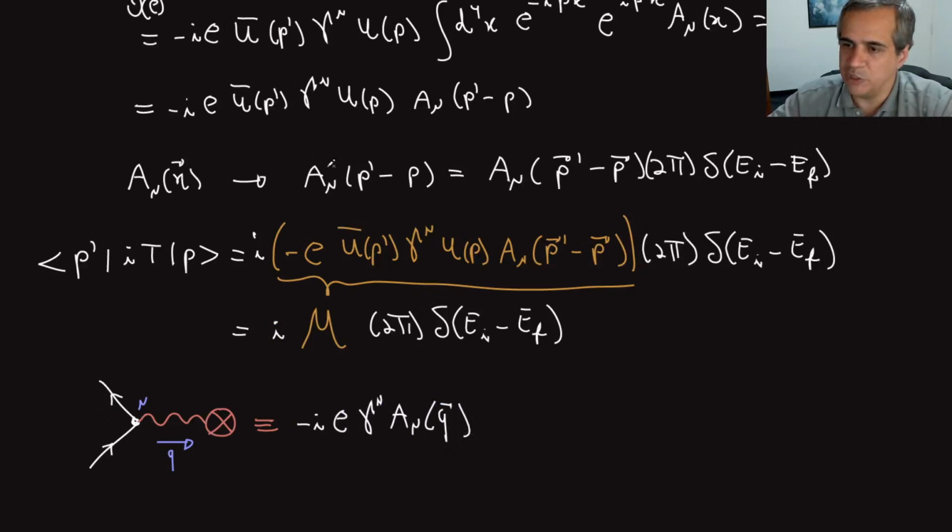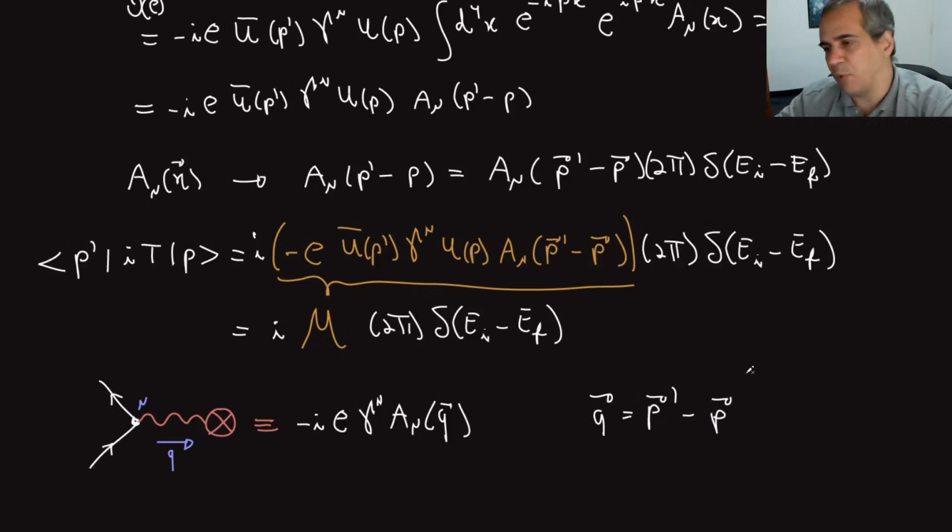Which in the case we just did, q is just the change in momenta for the charged particle being scattered. So it's just p prime minus p. So this is the rule for the external field. It's the rule for the whole thing, the vertex and the fermion and the classical field here. The only other rules are the rules for the external fermions.